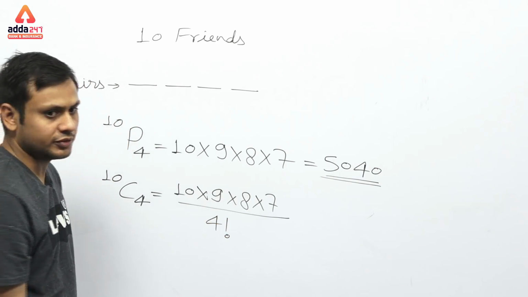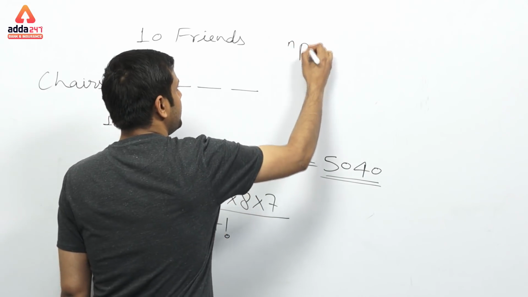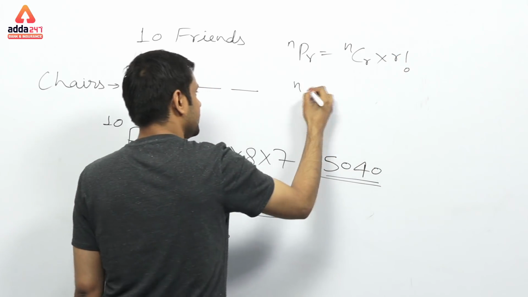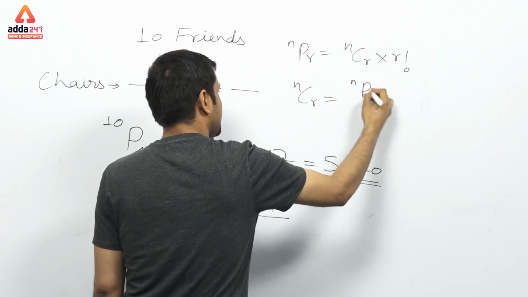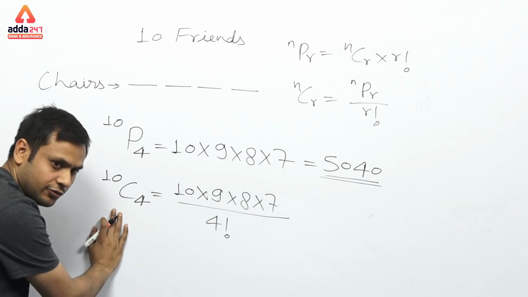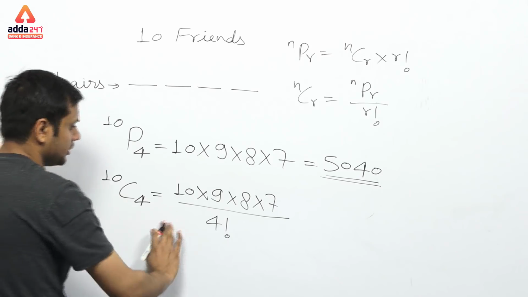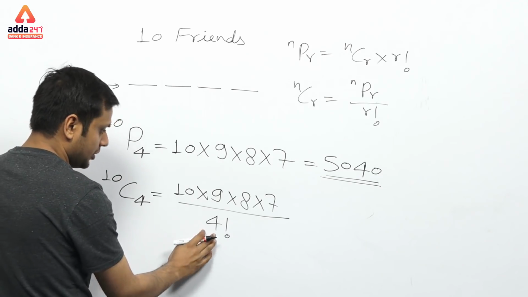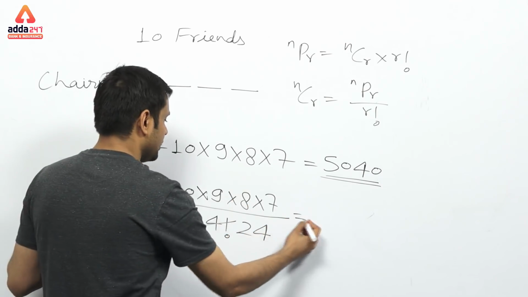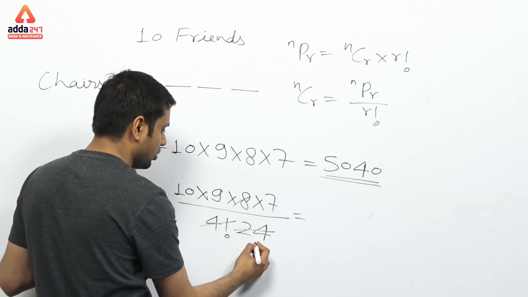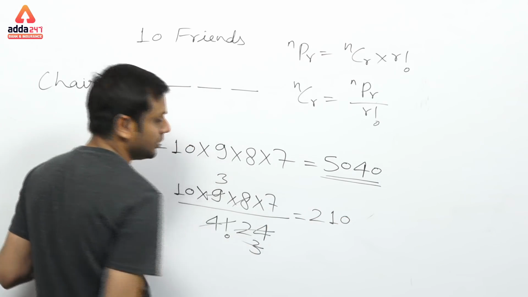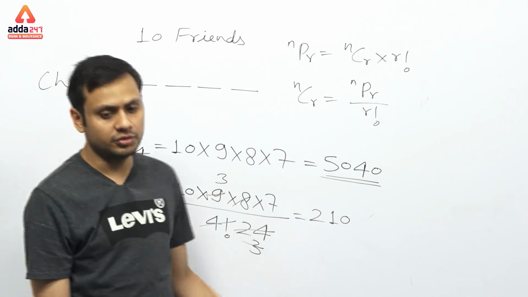We can go in reverse. Since NPR is NCR into r factorial, we can also say NCR is NPR divided by r factorial. Here r is equal to 4. For 10C4, in place of 4 factorial I can write 24. Now just divide; this and this cancel, we get 3 and 3. Ultimately our answer is 210, which we found a few minutes ago.